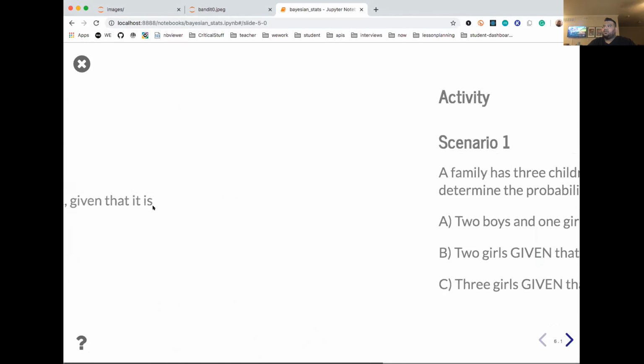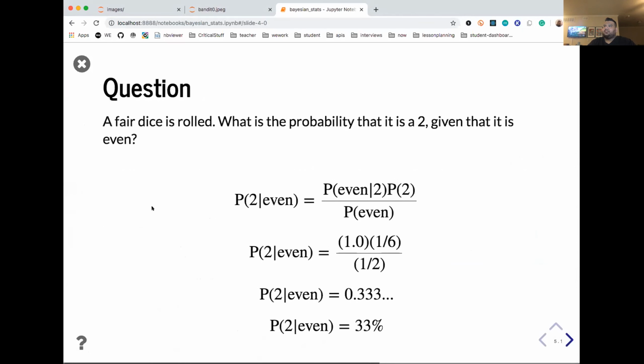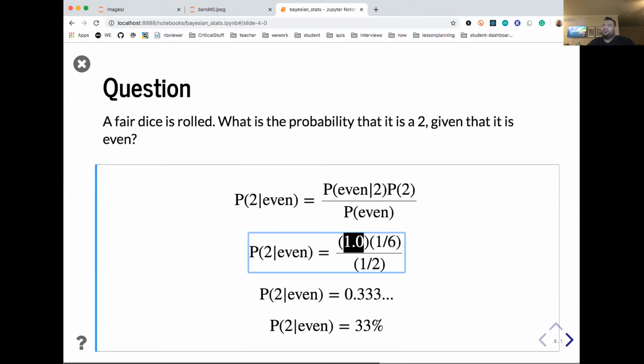The probability that it's even given that it's 2 is 100%, right? If you roll a 2, it is even. The probability that you roll a 2 is 1 out of 6, and the probability that you roll an even is 1/2, giving you 33% when all is said and done.